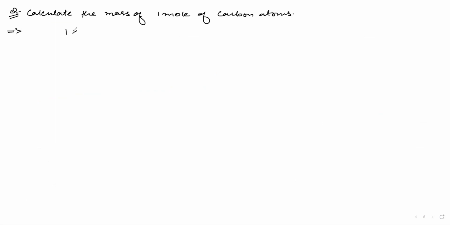We'll say 1 into the molar mass of carbon atom. Rather, I should write it like this. Mass of 1 mole of carbon is equal to 1 into the molar mass of carbon.